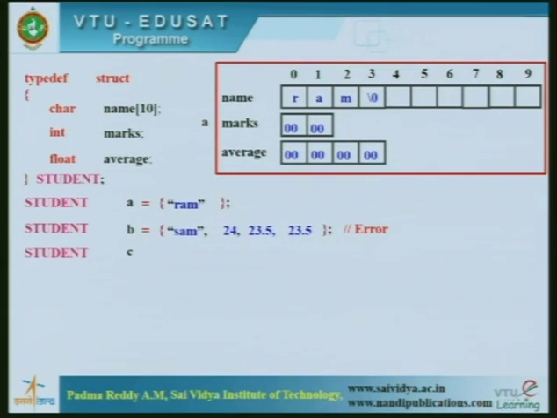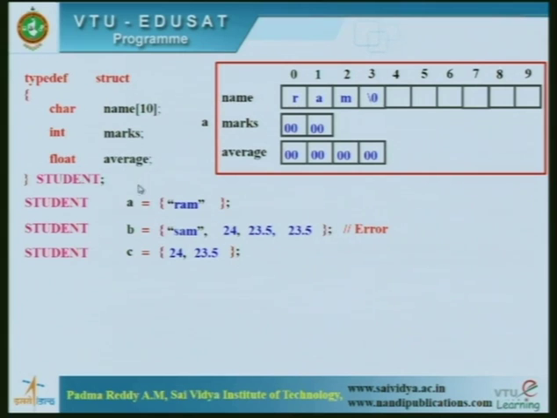Now, suppose I have another variable C. Now, here if you observe the first one, what is the initial value here? RAM is the first value. Now, I write something like this. I write 24, 23.5 and end with semicolon. Now, even though it is syntactically correct, but remember this 24 I want to store it in which field?